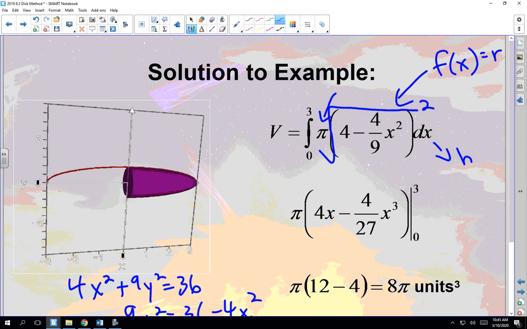So you end up with the integral from 0 to 3 of pi times 4 minus 4/9 x squared dx. That's it. The f of x. You just have to understand that the f of x is the function. The radius is changing continuously, unless it's a horizontal line.